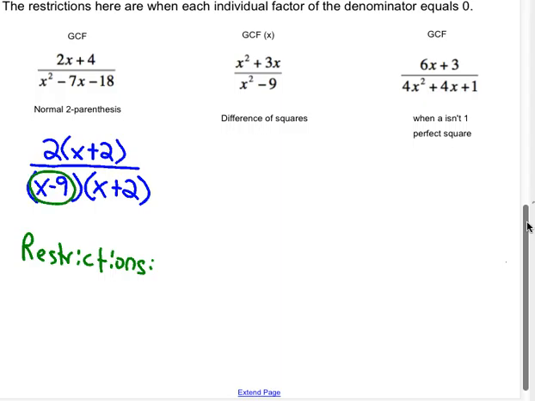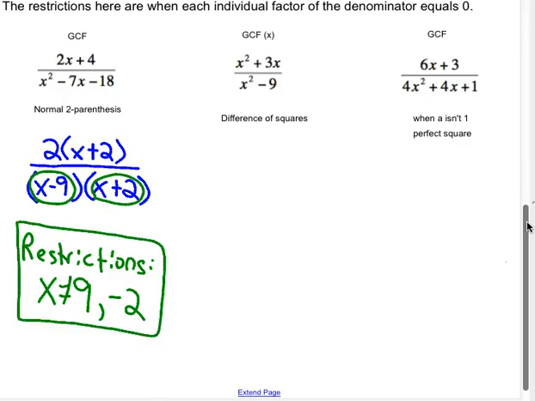This piece, what would make me divide by 0? Well, 9 would make me divide by 0. How about in that one? Well, a negative 2. So every time you go to do these problems, after the factoring, but before you cancel, it's where I'd like you to pause and take a moment to make your restrictions.